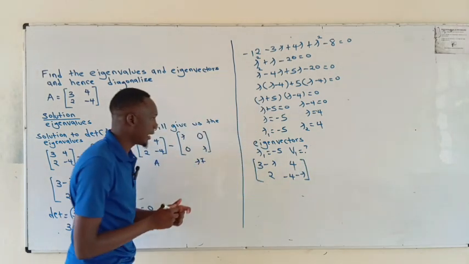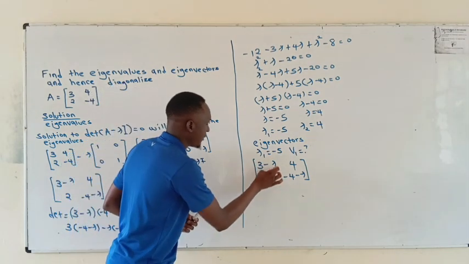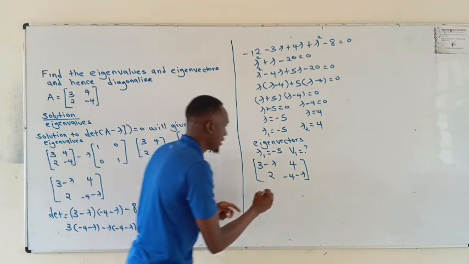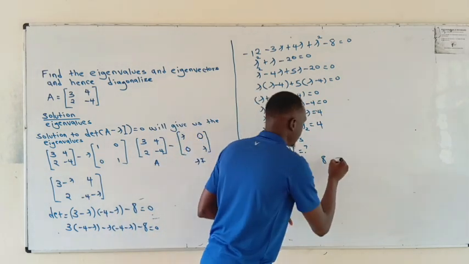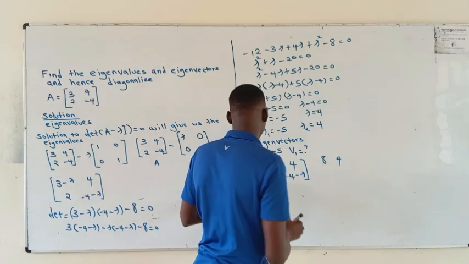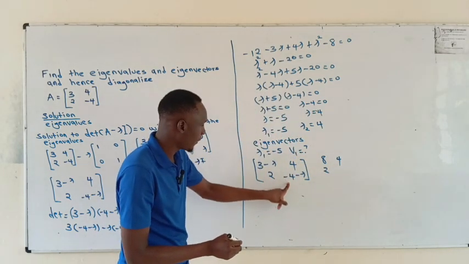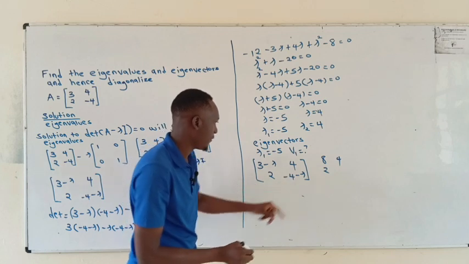Now starting with our lambda 1 equal to negative 5, we substitute negative 5 here. So we have 3 minus negative 5, which is 8. Then here we have 4. Here we have 2. Here we have negative 4 plus 5, which is 1.